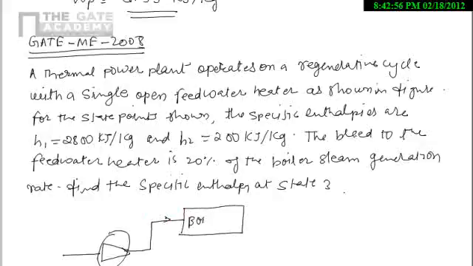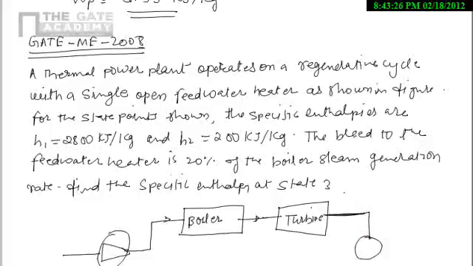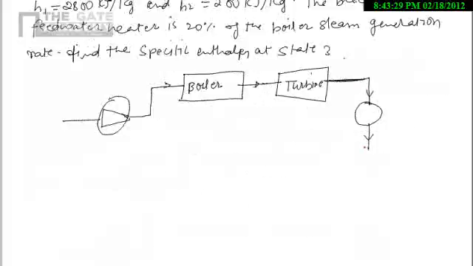This one is the boiler, and from the boiler steam is entering into the turbine, and then it is going into the condenser, and from here a condensate extraction pump.